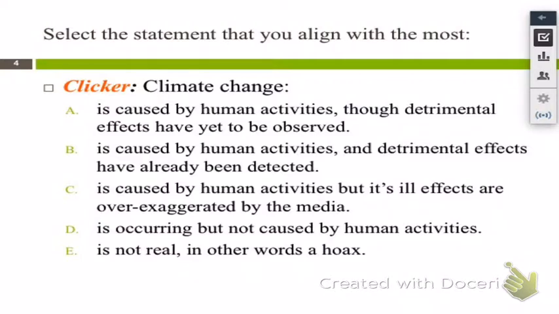I want you to go ahead and read these 5 statements about climate change so I can get a feel for what your perspective is coming into this class. Your clickers are open.